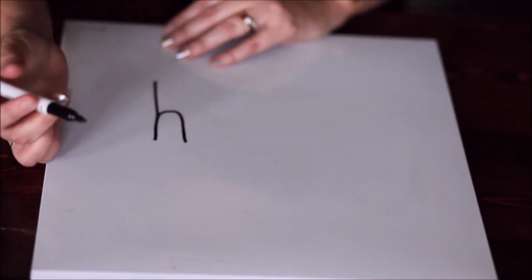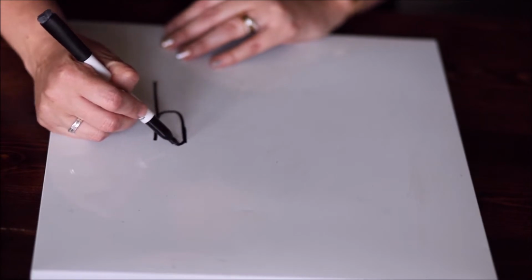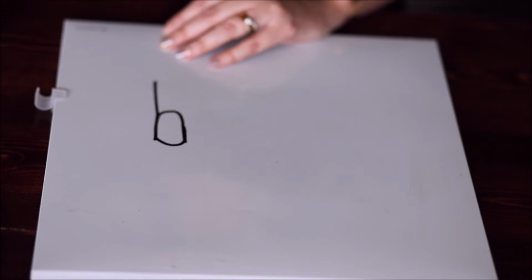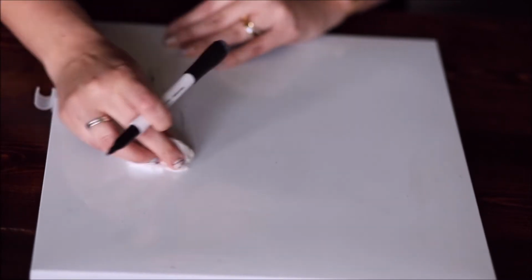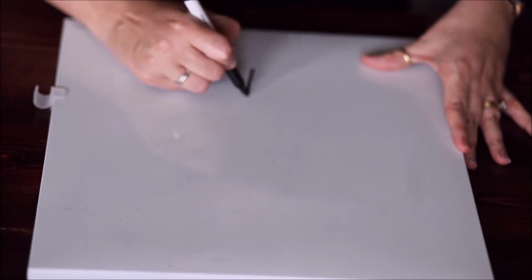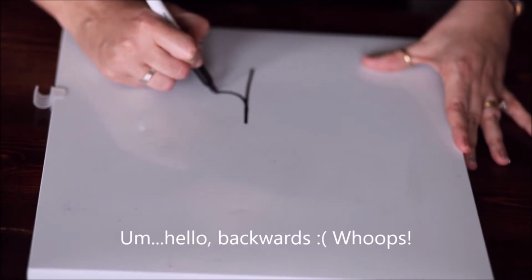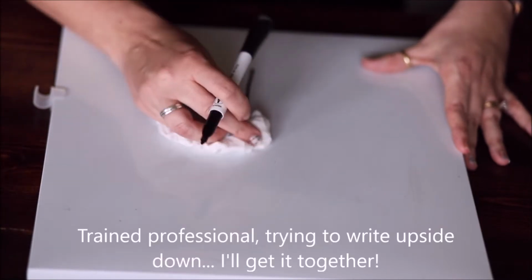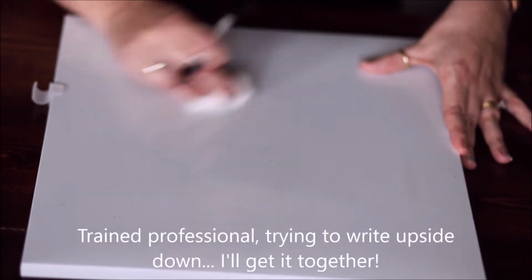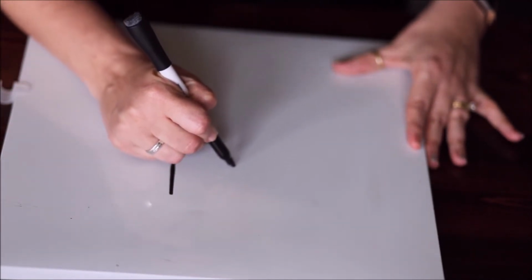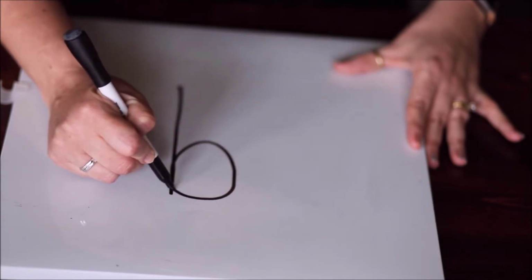And then as you go down, you curve around and make that a B. And now you've got the letter B. So you would teach them to go down, come back up and over to make that H.